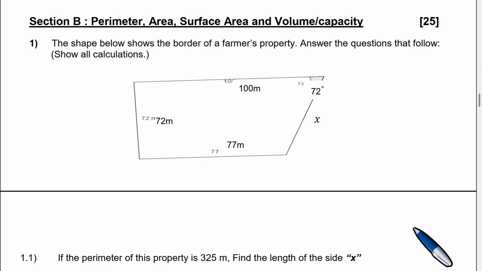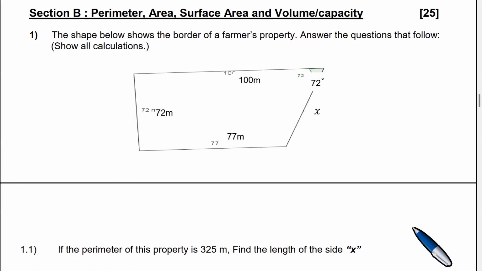Are you able to see the question? Yes, sir. Right. What do you think the answer is to the question? Isn't it 72? Why? Because isn't it the same as, oh no, not 72. Please come again.